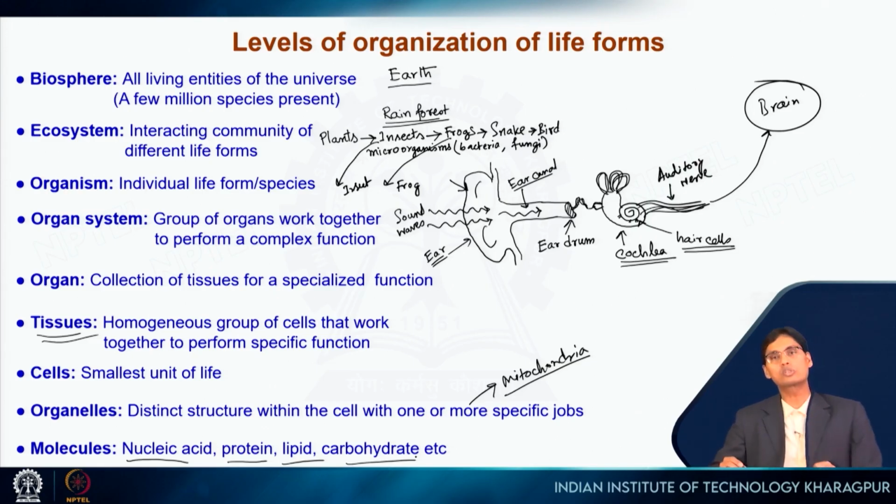But in this course, especially we will discuss the bottom half, particularly from these molecules, organelles, cells, tissues up to that. We are not going to discuss biosphere, ecosystem, organism, organ system, because in our world we have different types of biodiversity, different types of organisms present. You will see a lot of diversity.